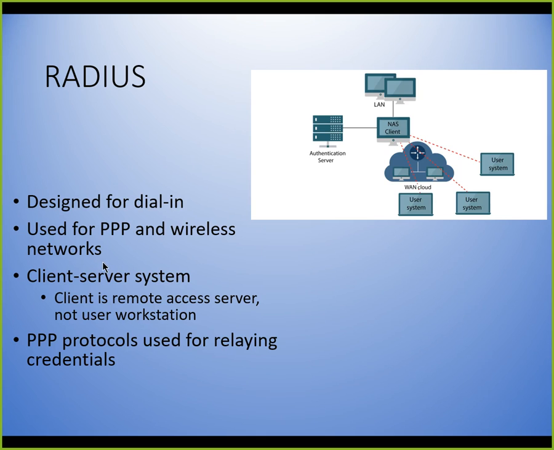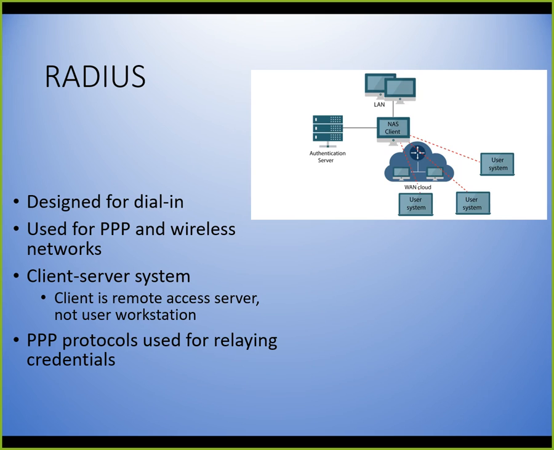So Radius, Remote Access Dial-In User Service, was designed for dial-in. It's used for Point-to-Point Protocol, PPP protocols, as well as wireless networks, and we can use it for 802.1x there. 802.1x does use Radius typically for its authentication. It's a client-server system. The client is the remote access server, not the user workstation.